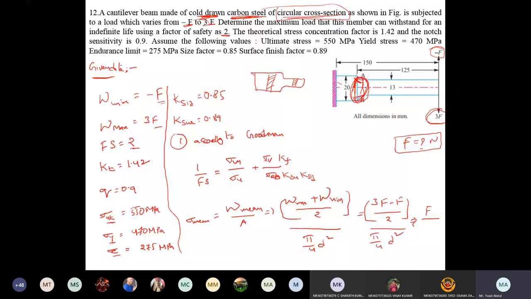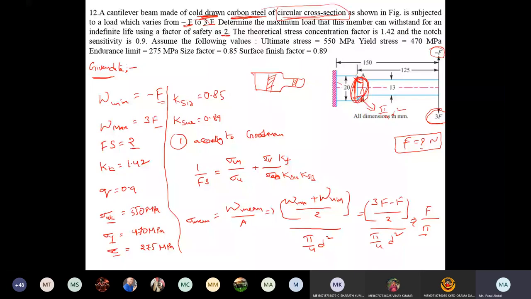So for this system I am calculating the D value. Pi by 4 into D square, and now 2F by 2 by pi by 4 into D square.